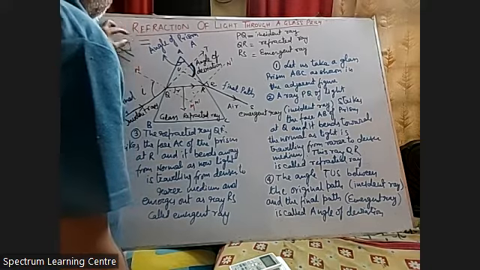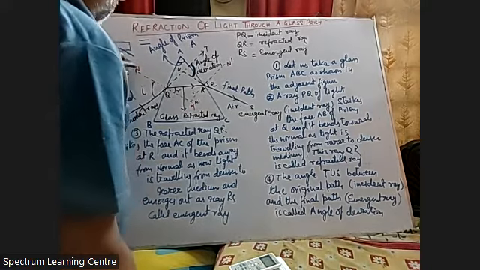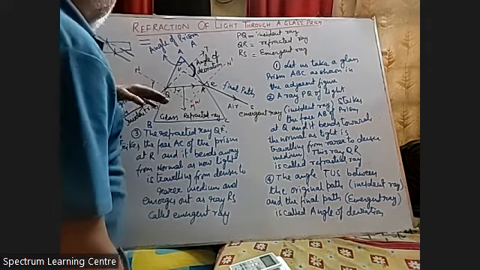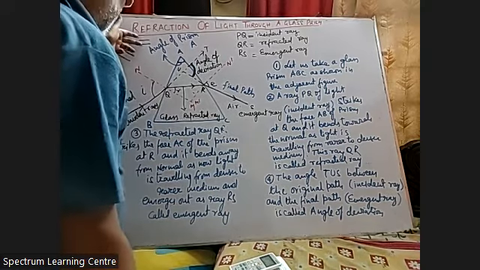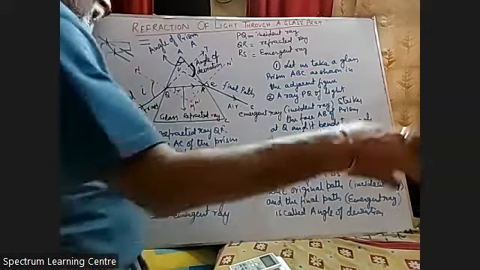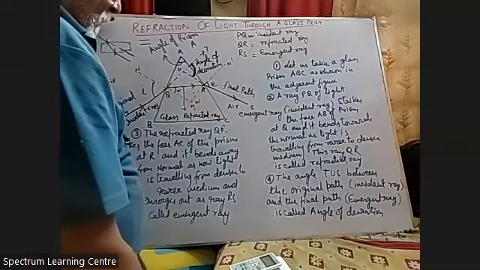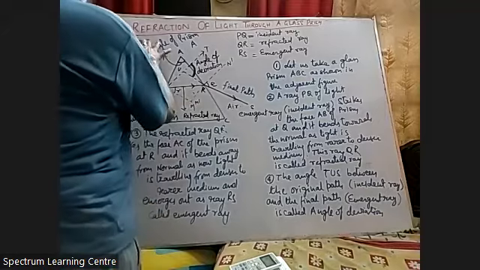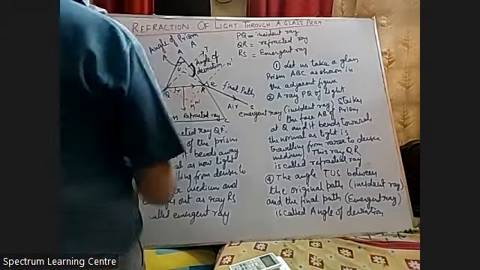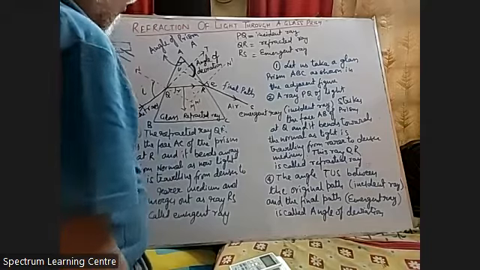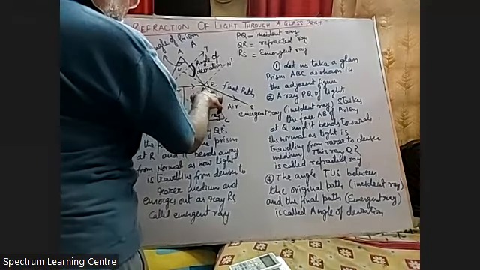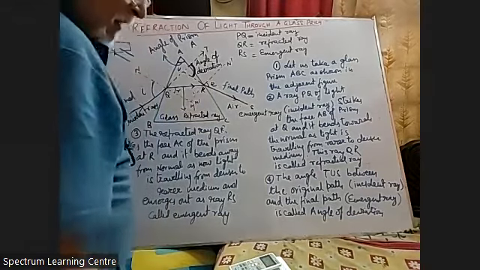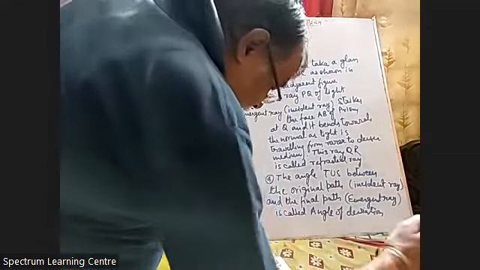Deviation will always be an angle, and we know the angle between two parallel lines is zero. That is what I was trying to explain. Here that is not the case. Here there is an angle of deviation.